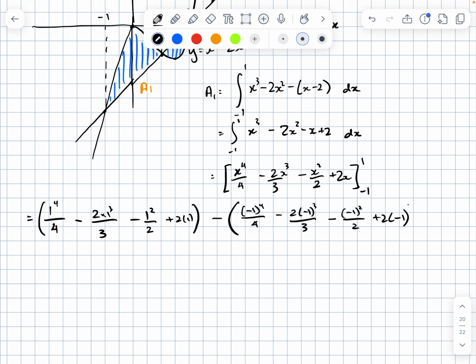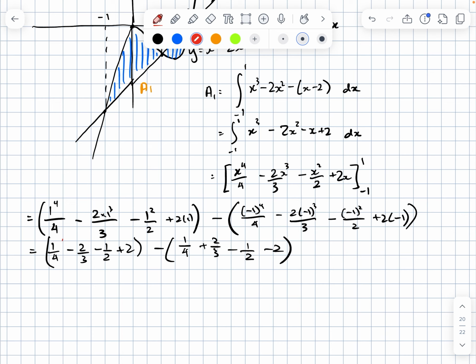That gives us, simplifying, 1/4 minus 2/3 minus 1/2 plus 2 minus 1/4 plus 2/3 minus 1/2 minus 2.